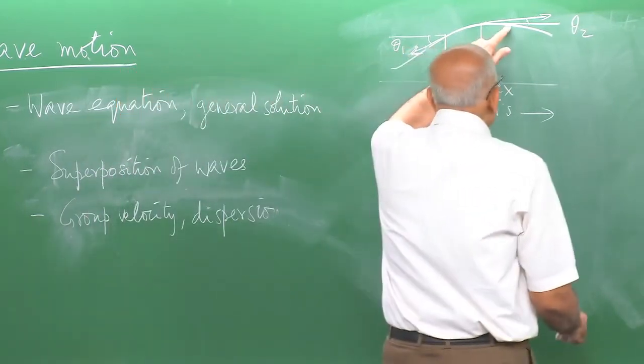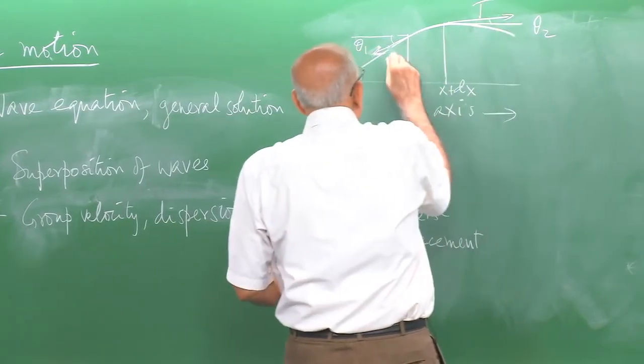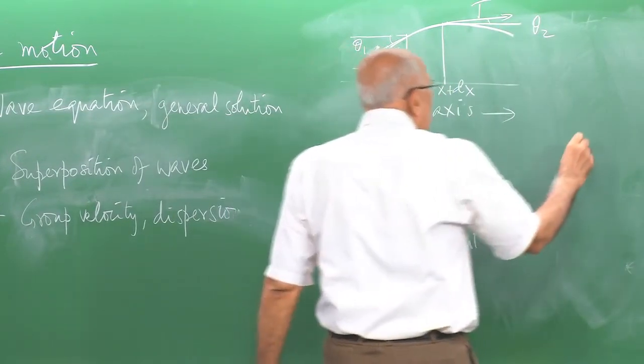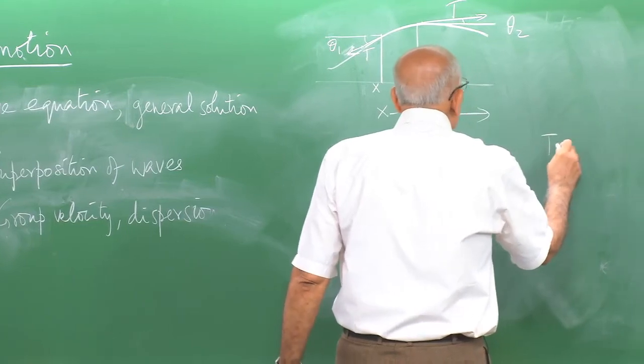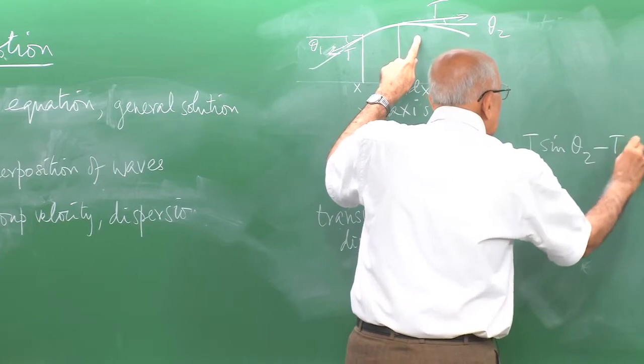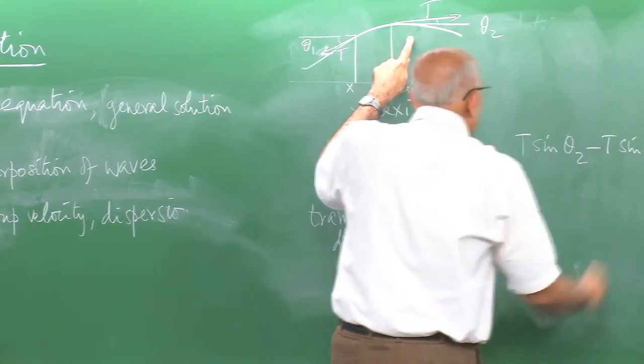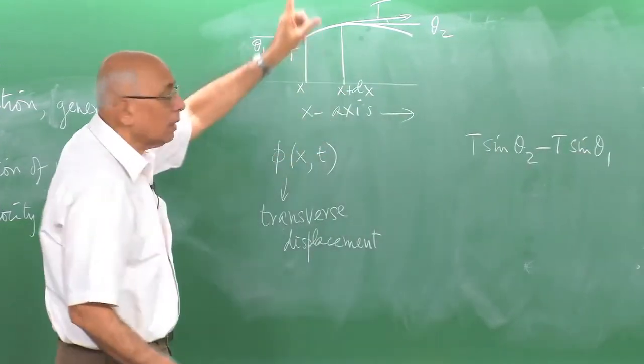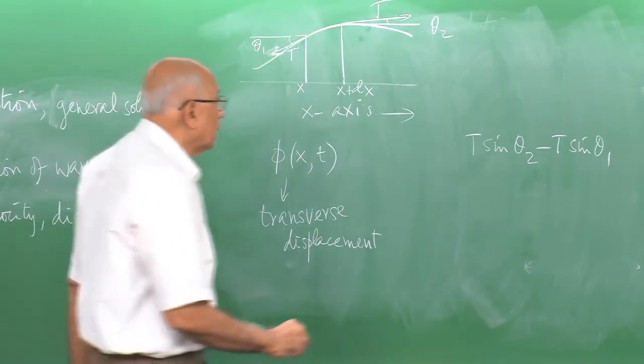So, if this is tension T and this is tension T, you have T times sine theta 2 minus T times sine theta 1. This is the force in the vertical direction here.